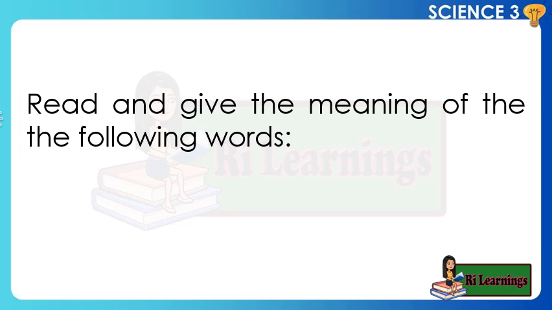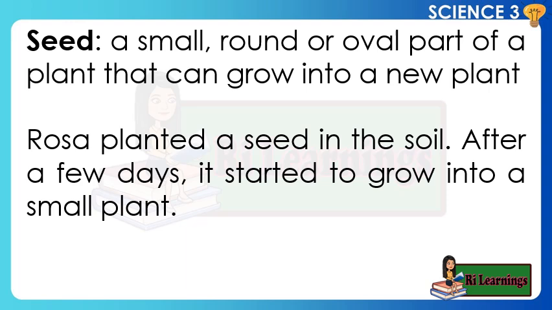Read and give the meaning of the following words. Seed, a small, round or oval part of a plant that can grow into a new plant. Rosa planted a seed in the soil. After a few days, it started to grow into a small plant.